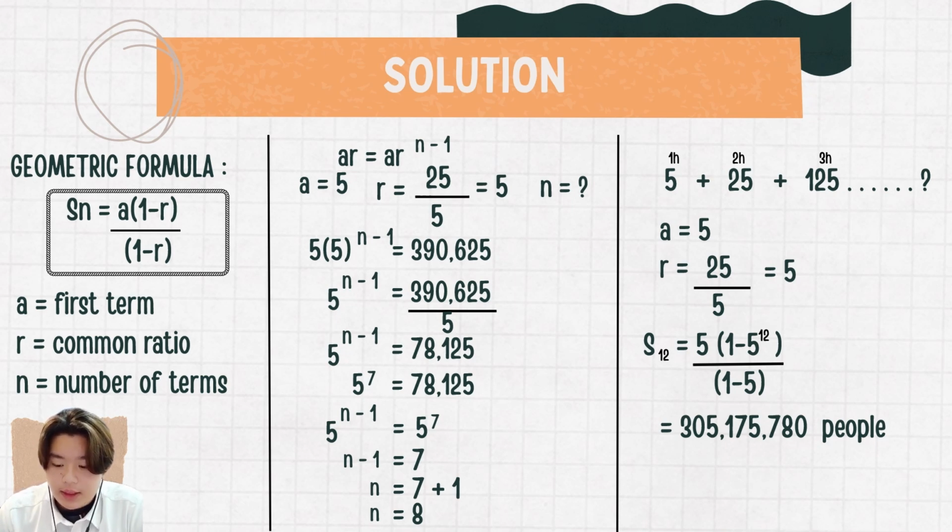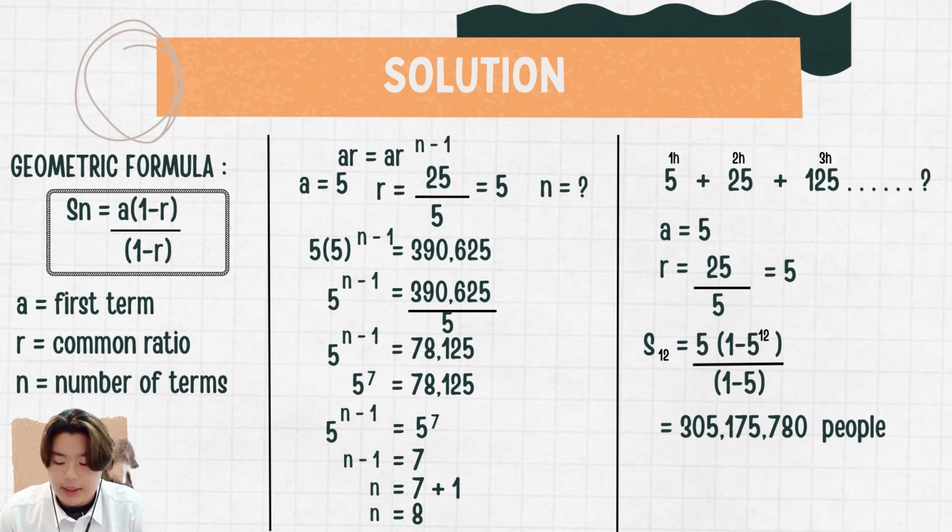390,625. Then we bring the 5 to the other side, and we get 5 to the power n minus 1 equals 390,625 divided by 5, which gives 5 to the power n minus 1 equals 78,125.